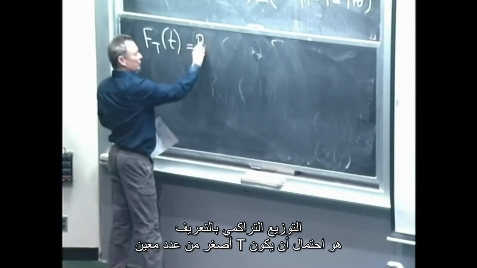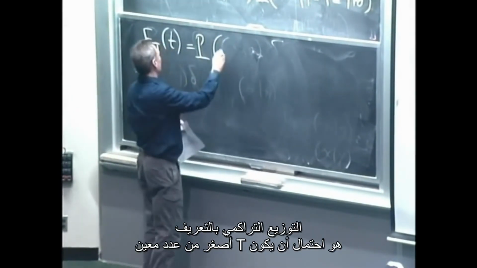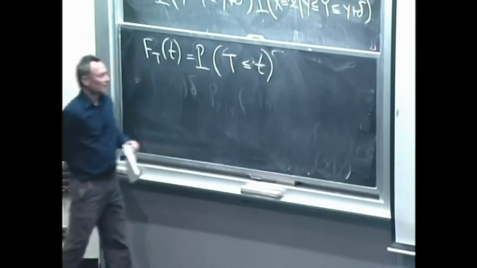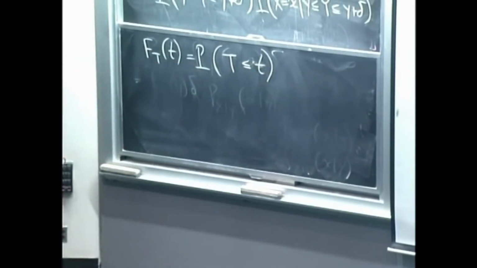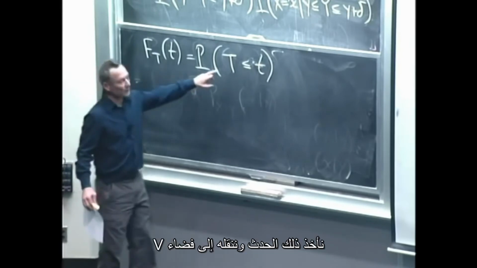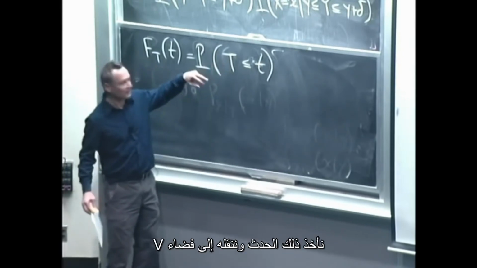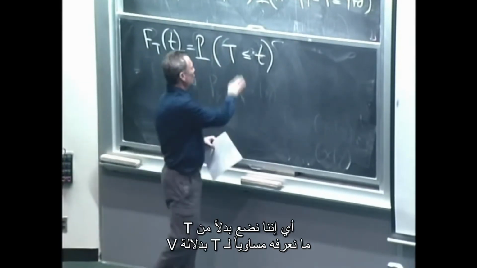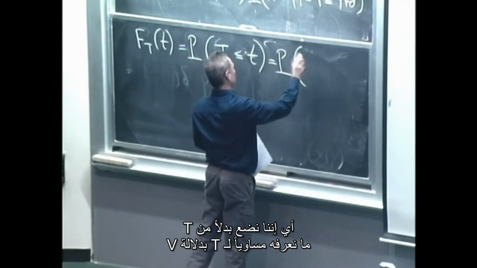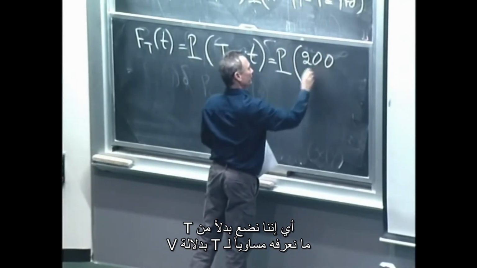By definition, the cumulative distribution is the probability that capital T is less than a certain number. Okay. Now, we don't know the distribution of T, so we cannot work with this event directly, but we take that event and translate it into V space. So we replace the T's by what we know T to be in terms of V's.